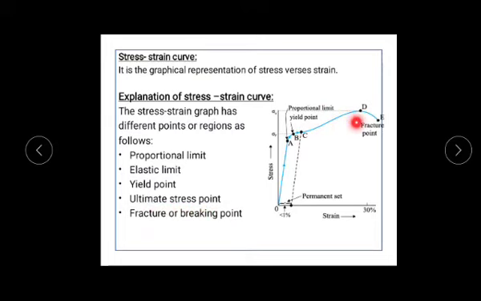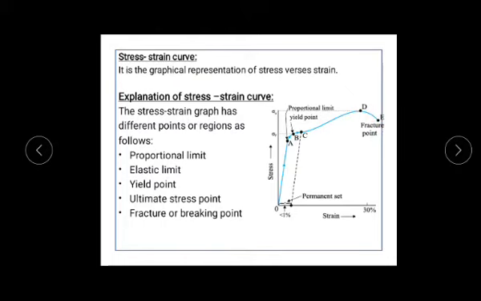Then definitely we can observe the next segment here, that is D to E. If you observe, here stress is decreasing but strain is still increasing. So stress decreases but strain is increasing. So this part of the curve indicates fracture.